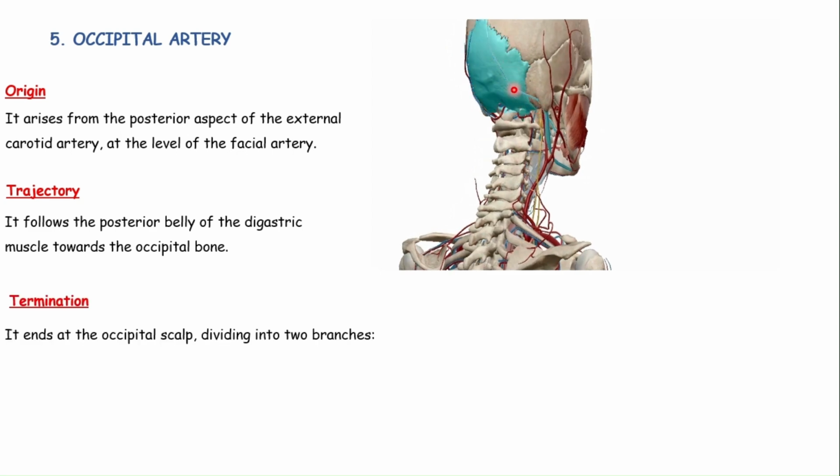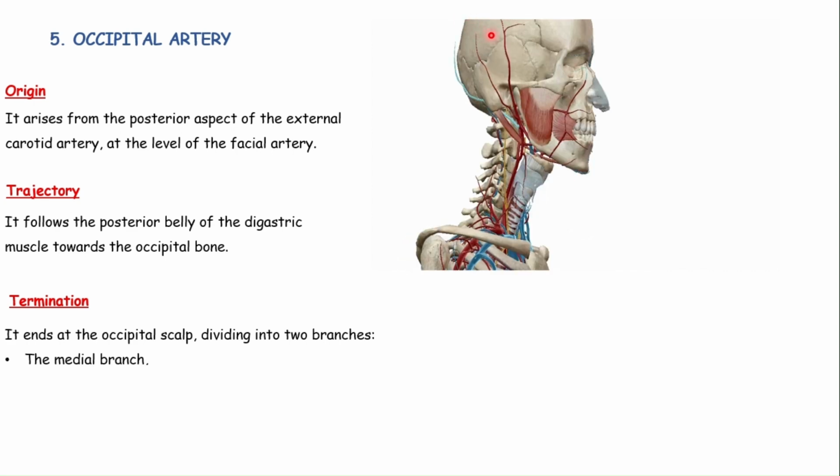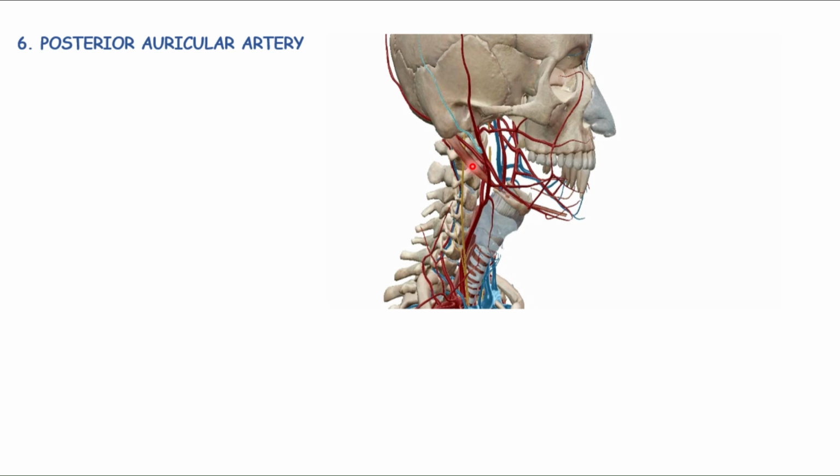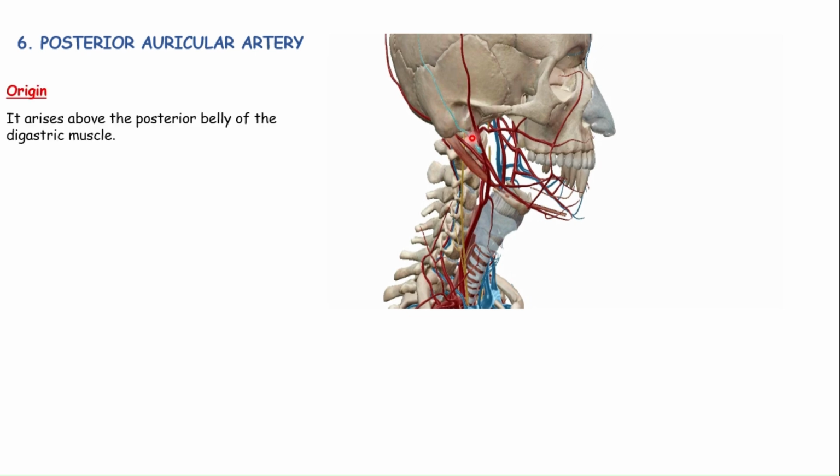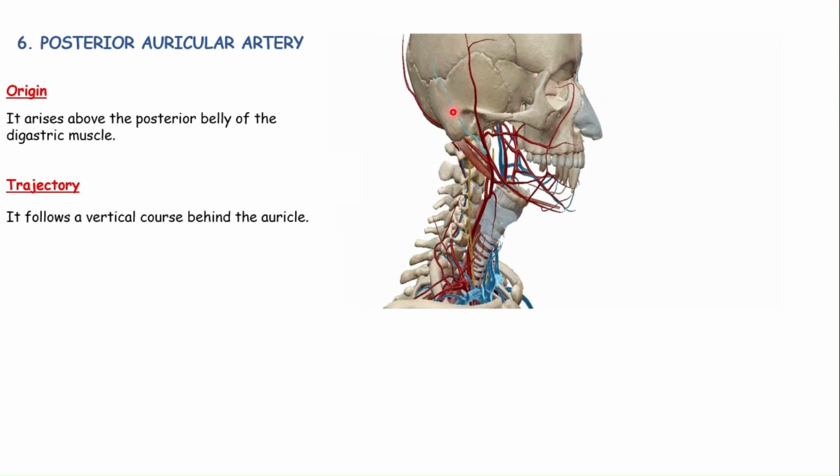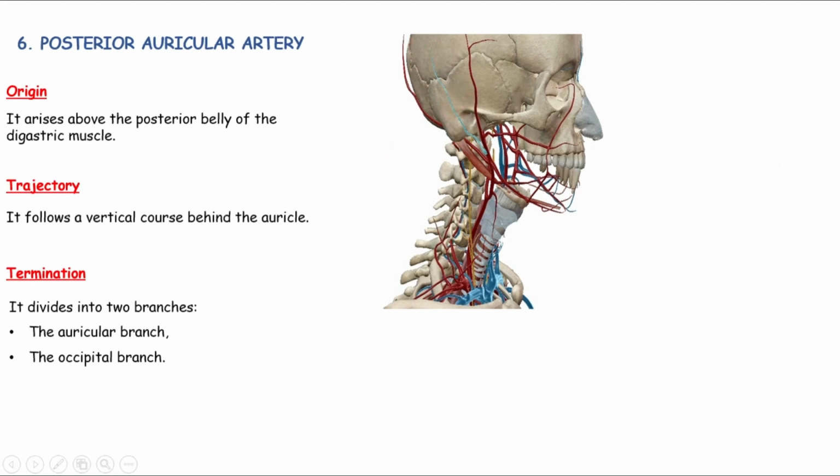It ends at the occipital scalp, dividing into two branches, one medial and the other lateral. The posterior auricular artery arises above the posterior belly of the digastric muscle. It follows a vertical course behind the auricle, and then it divides into two branches, the auricular branch and the occipital branch.